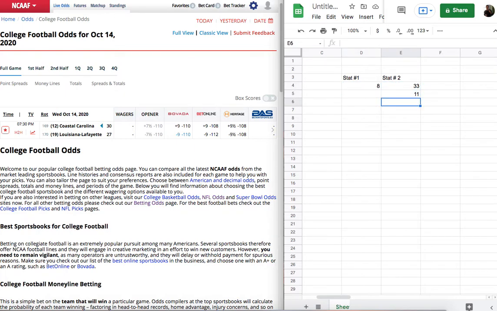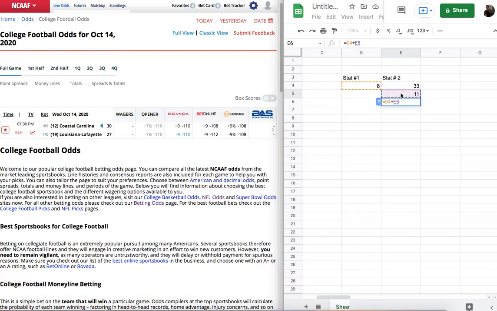The original way I did it was I took the 8 and the 11 and added those together. So let's do that here. This would equal this plus this number in Google Sheets.